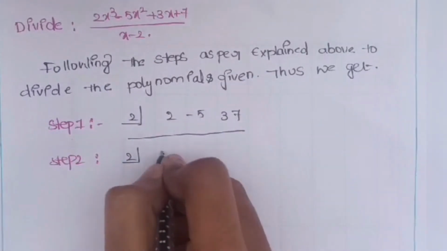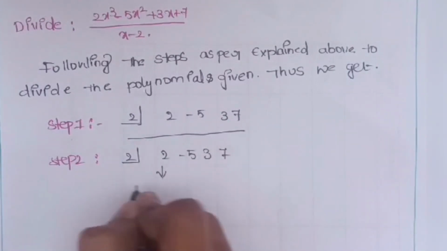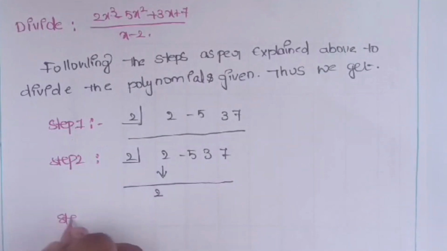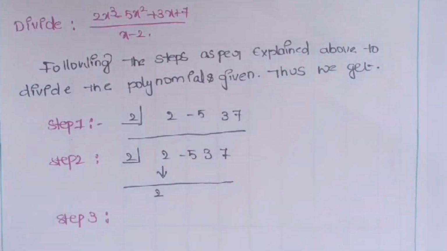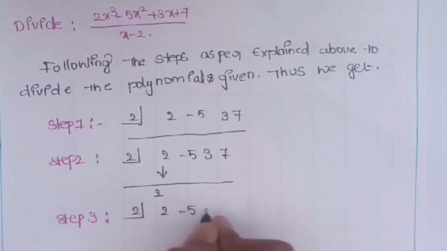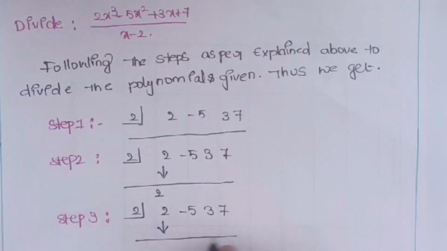That's why I'm taking 2 as the divisor. In some problems we don't have this value, so we need to take a trial and error method and then start our process.